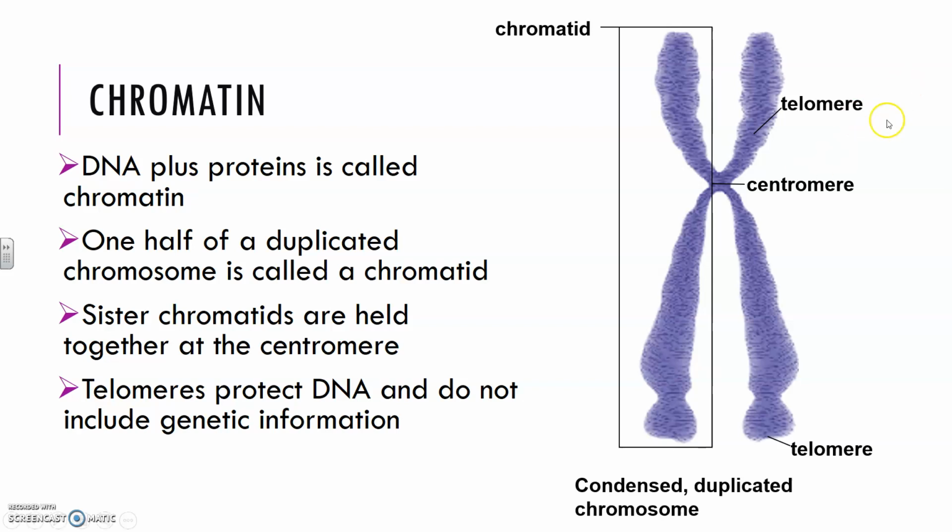So telomeres are, this isn't necessarily pointing to the right area, but telomeres are the end of the DNA. So they are basically just extra base pairs of DNA at the end that don't actually include any genetic information. They don't code for anything. They are just there to protect the actual DNA information inside the chromosome.